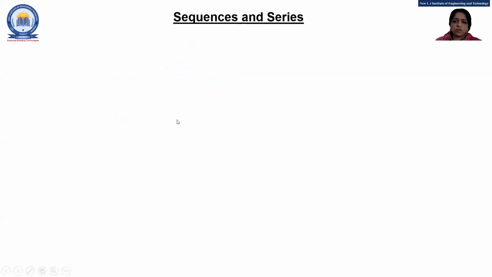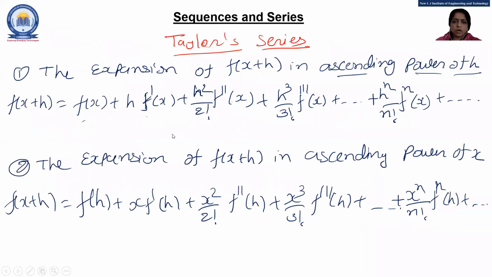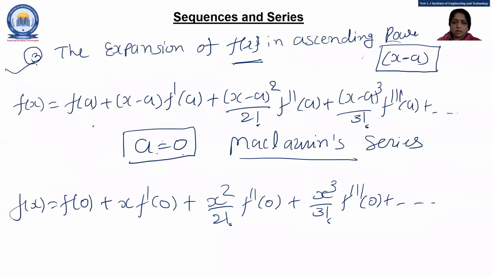and what is the formula of the Maclaurin series? I already told you the formula of the Maclaurin series, that is, in this case, your a is 0. So you have to find f of 0, x f dash 0. Okay, so this is the Maclaurin series.